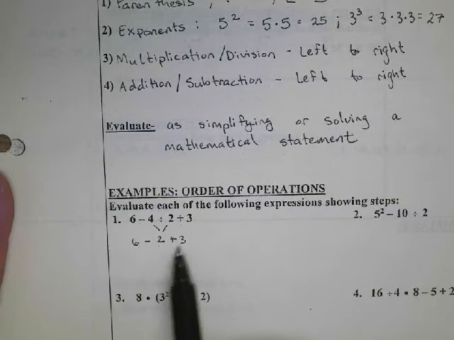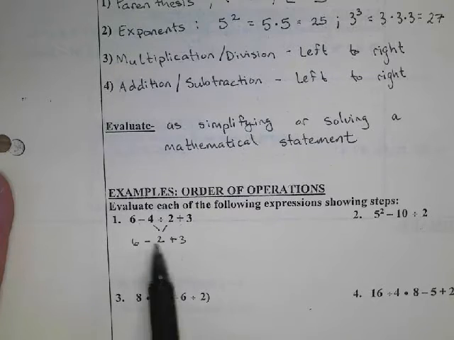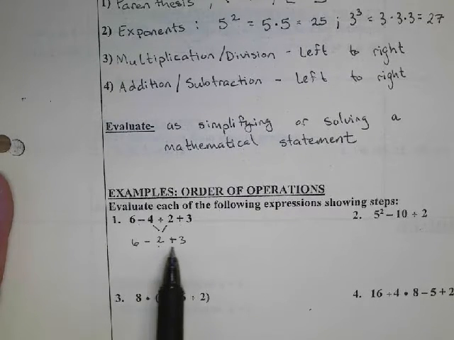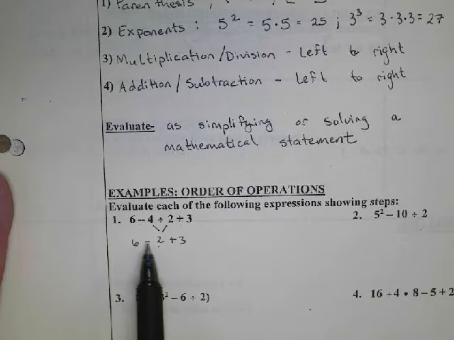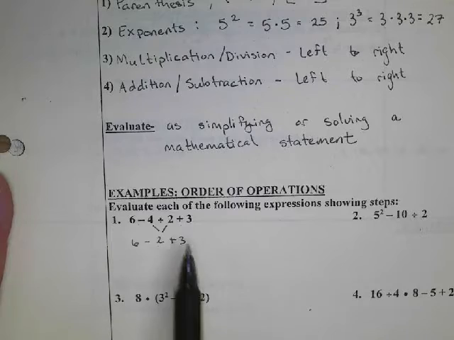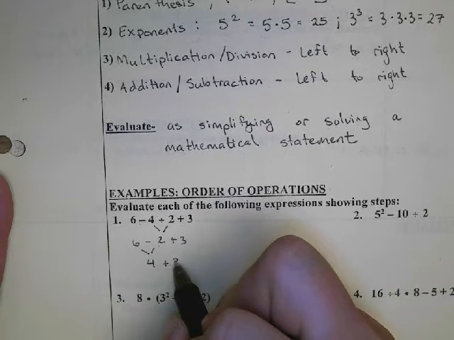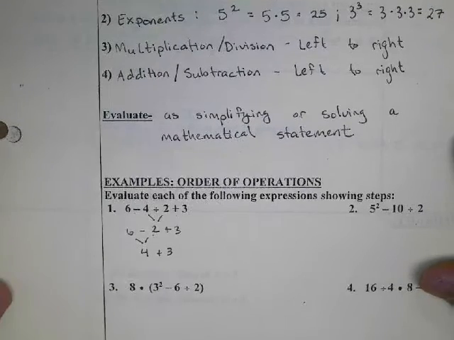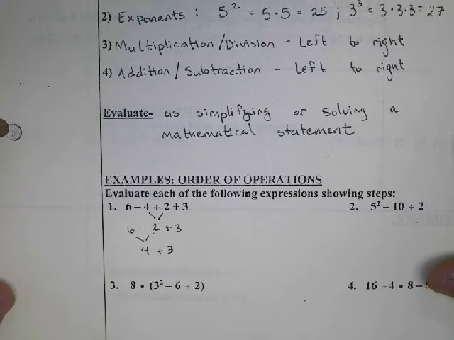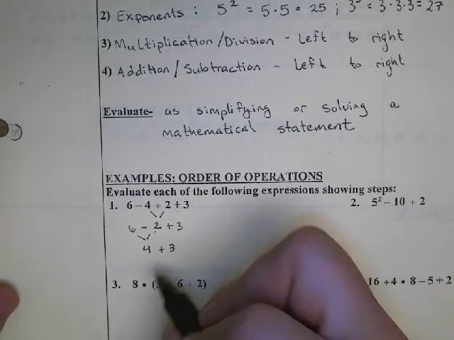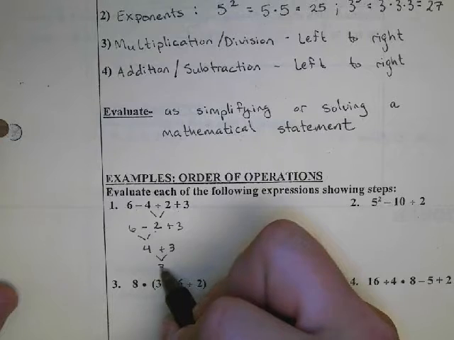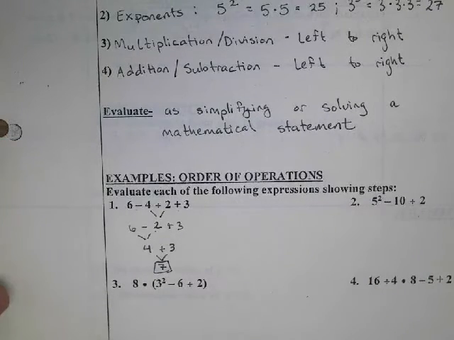It's not that we do addition first, but since I have subtraction and addition, I'm just going to go left to right. So I'll go 6 minus 2 is 4, bring down my plus 3. Then I'll add 4 and 3, and we get 7, and that's our final answer.